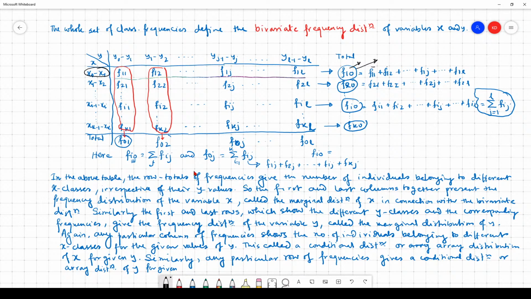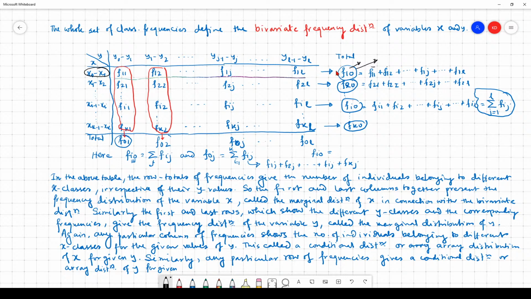Understand? Again, marginal distribution means you eliminate the effect of one variable. So if you are interested in the marginal distribution of x, then you need to eliminate the effect of y. How to eliminate this? Just add up all the frequencies in the first row.